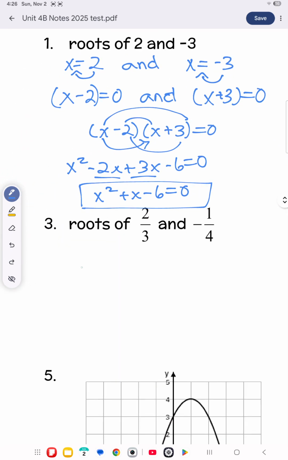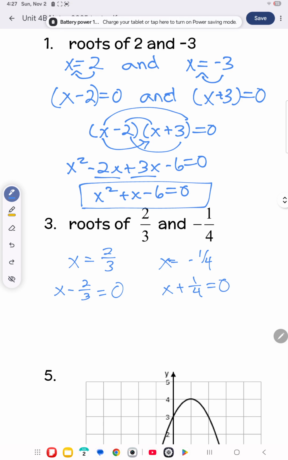Next example, we're going to have x is equal to 2/3 and x is equal to -1/4. Right? Now we're going to turn these into factors, so we're going to add this to both sides. This is going to give me x minus 2/3 is equal to 0, and x plus 1/4 is equal to 0. Right?